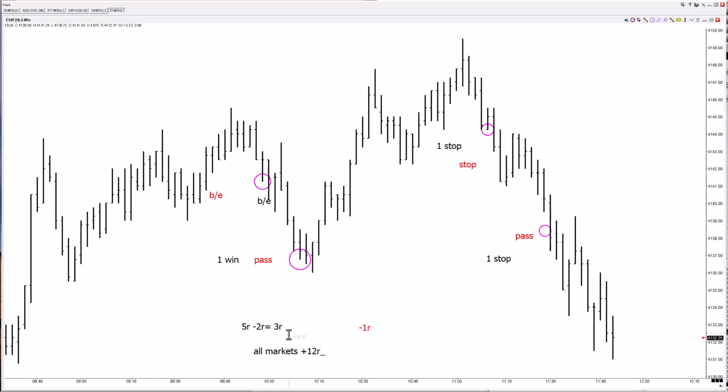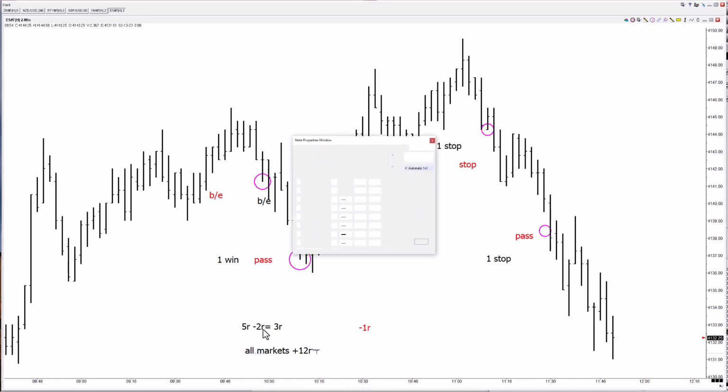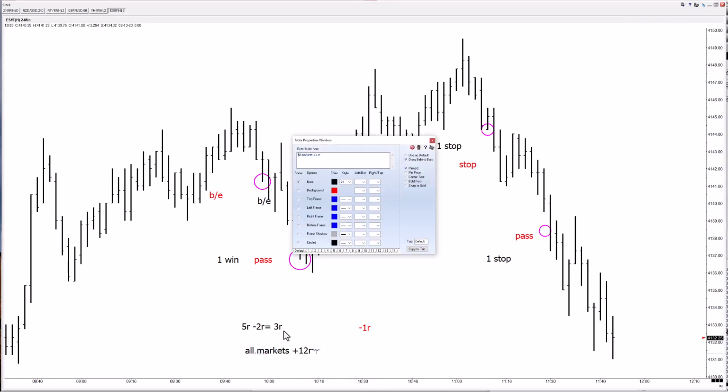And if I'm doing the same thing here, this 1R is going to end up being, so I'm going to have plus 12R in the end, right? I'll end up with 2, 4, 6, 8 stops.